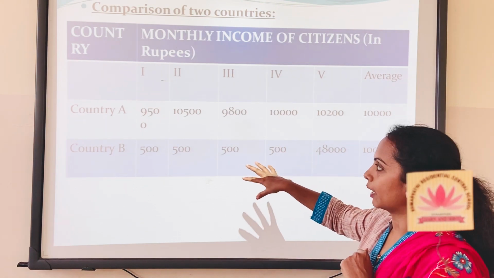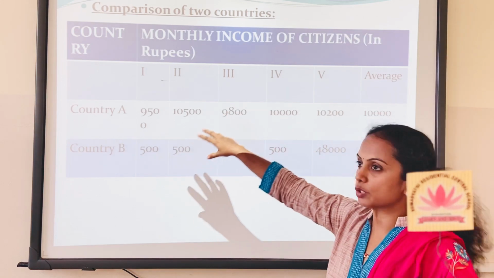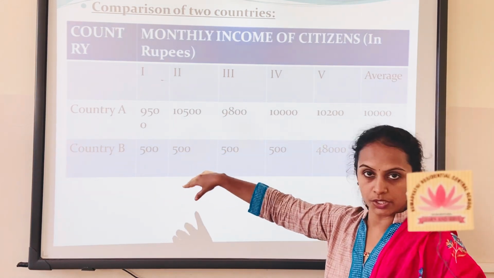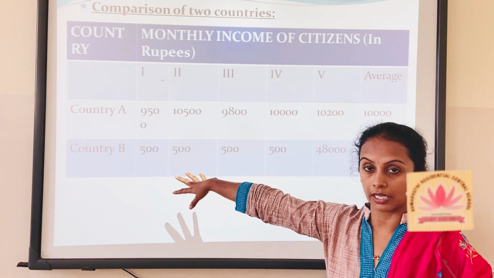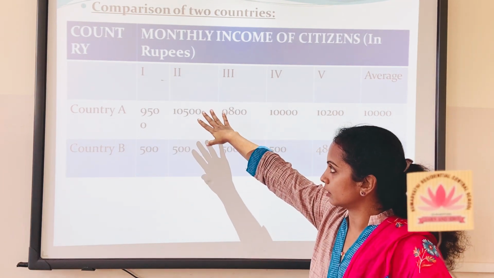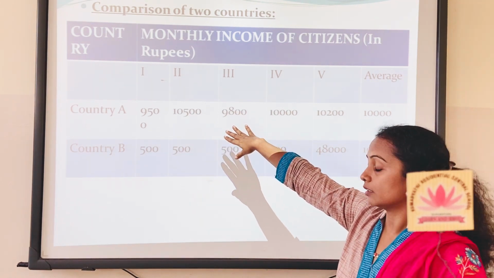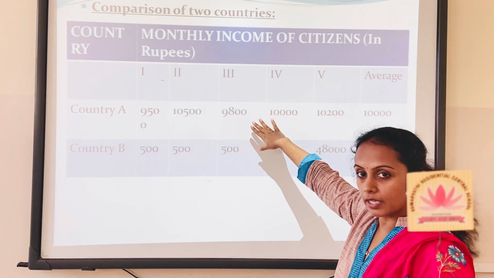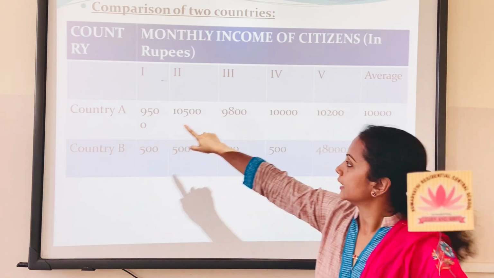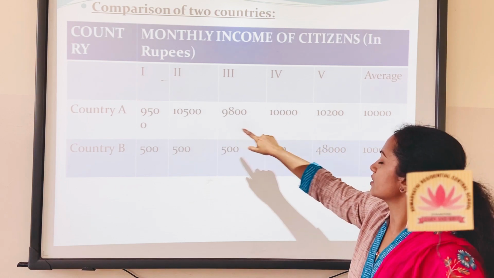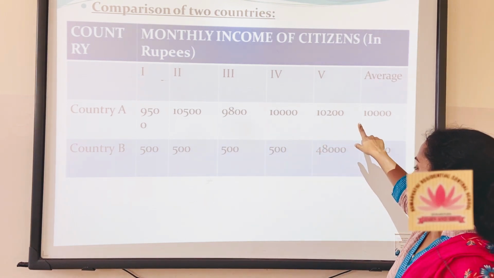In this example we will imagine there are 5 citizens and 2 countries, country A and country B, and all the 5 citizens' income is given here. Citizen 1 is earning 9,500, citizen 2 10,500, citizen 3 9,800. Like this, in country A the citizens' income is given in the first column. So it is 10,000, 10,200 like this.